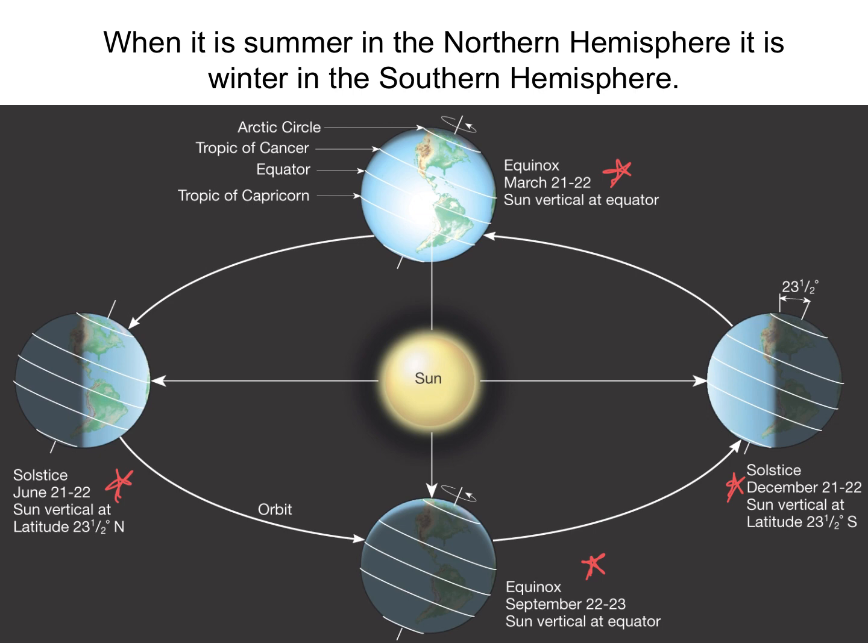For the southern hemisphere, the seasons are always opposite of what's happening in the north. Note also that the first days of summer and winter are called solstices, while the first days of spring and fall are called equinoxes.